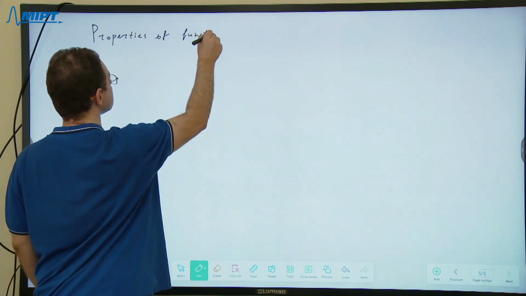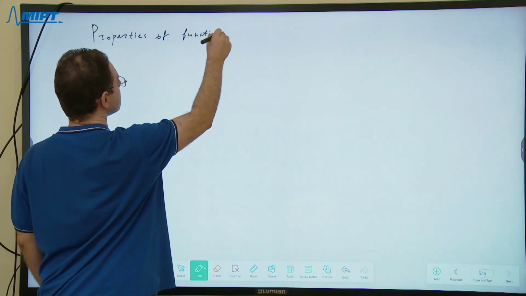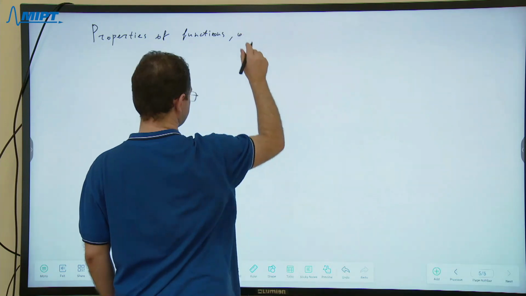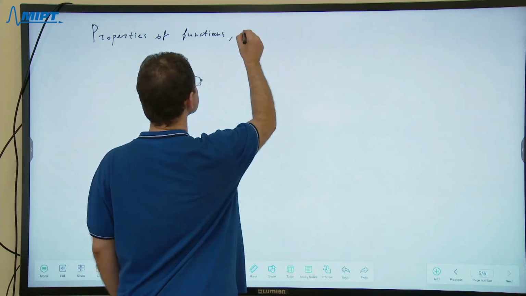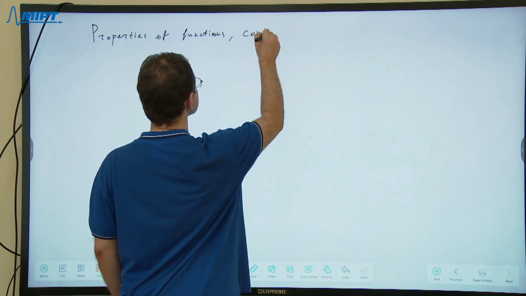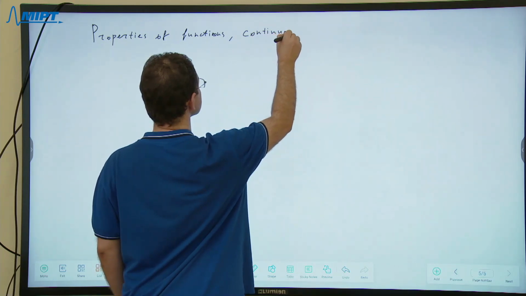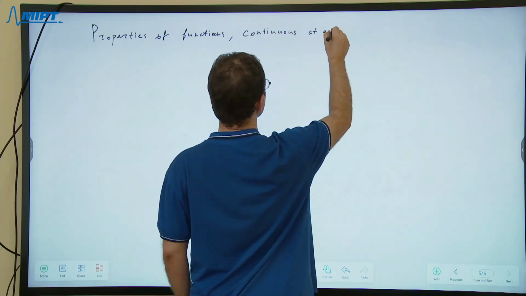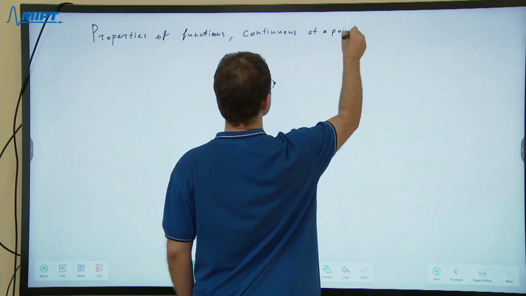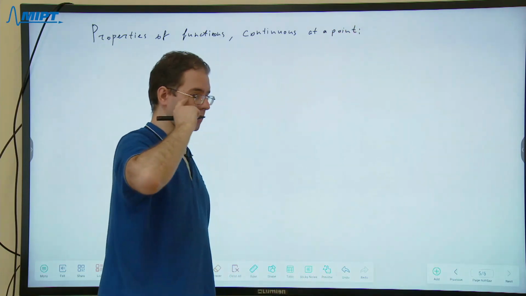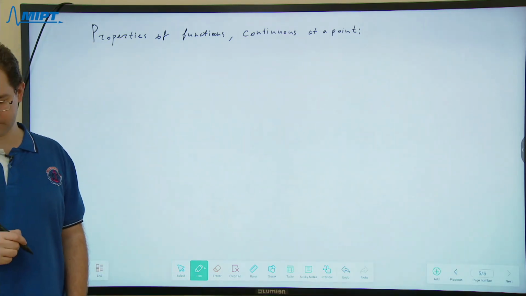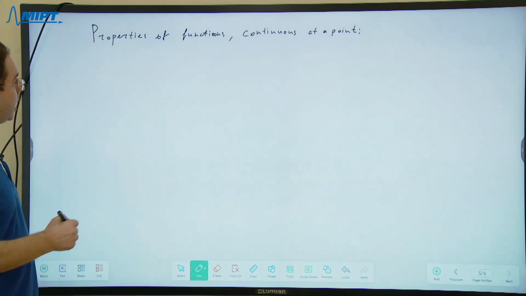Functions continuous at a point. Theorem.